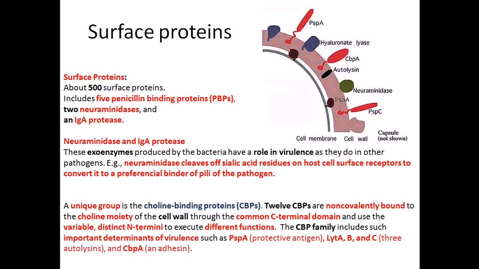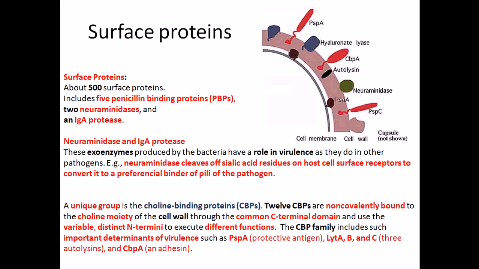Then the surface proteins play a very vital part in streptococcal pneumonia infections, because some of these surface proteins are proteases, some are C3b inactivators, some can degrade C3b, and some can act as lytic agents. For example, about 5 different types of surface proteins have been identified, and that includes 5 penicillin binding proteins, and that's very important.